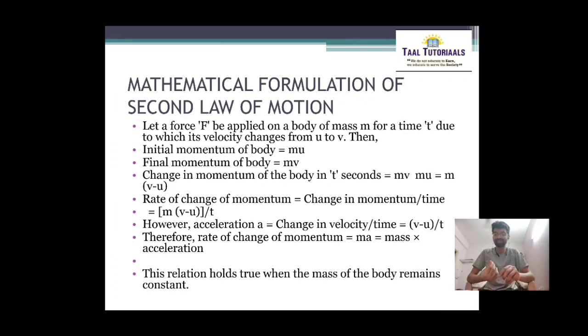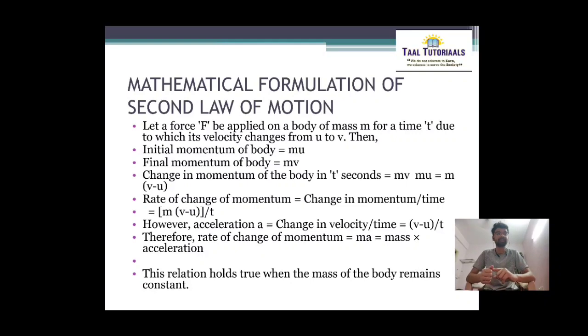We know momentum is equal to mass into velocity. So the initial momentum of the body is mass into initial velocity, mu, and the final momentum is mass into final velocity, mv. The change in momentum of the body in t seconds is mv minus mu.